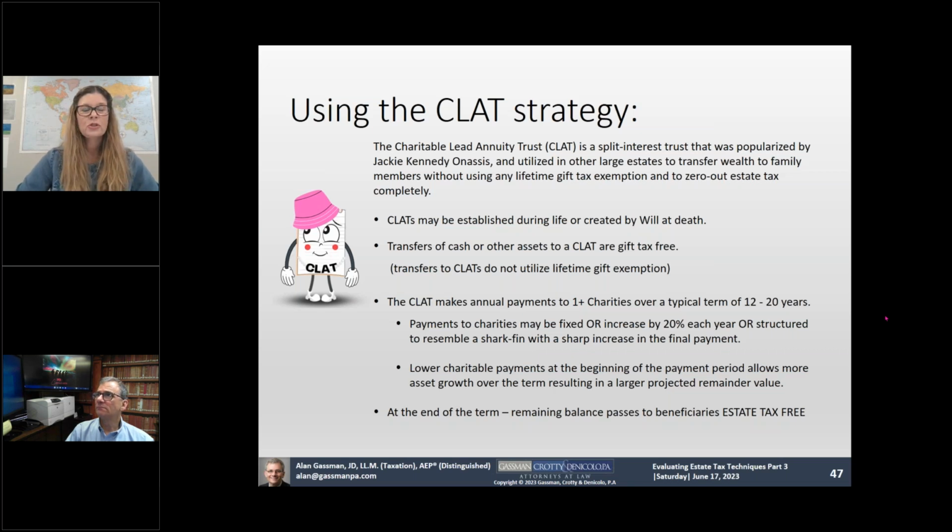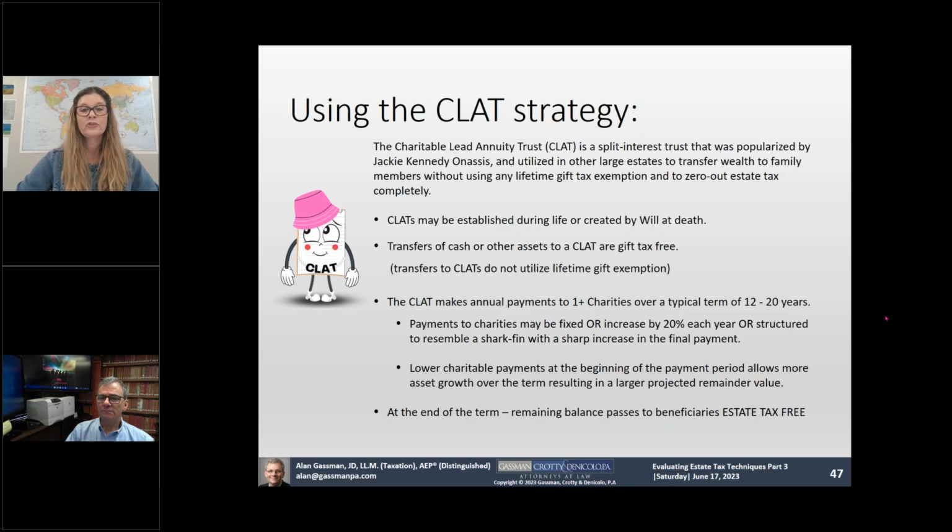The payments, you just play with the calculator to see what works best for the client's needs and their cash flow and their estate tax if they need to reduce it, and so on and so forth. But the payments to charity can be structured either to be level annuity payments, and that means CLAT, charitable lead annuity trust, or they can be a percentage of the assets, or a percentage that may vary each year depending on the trust value at December 31st.